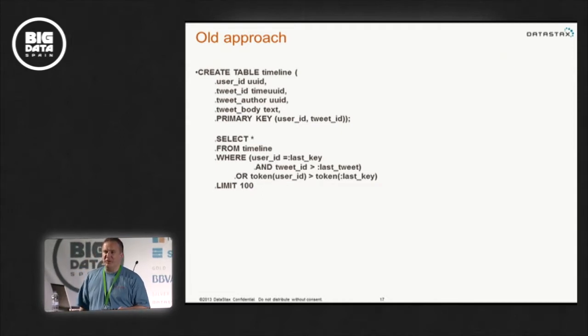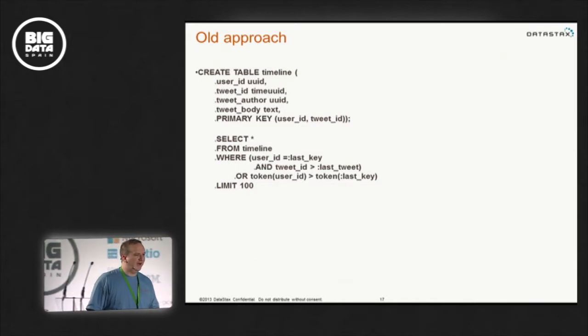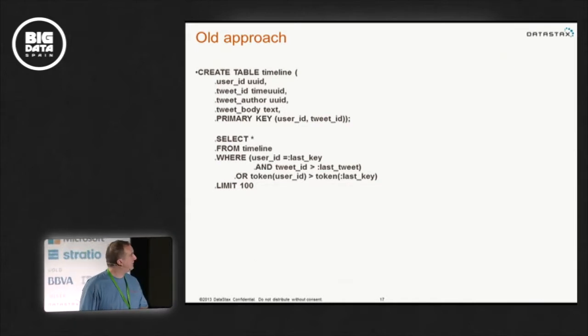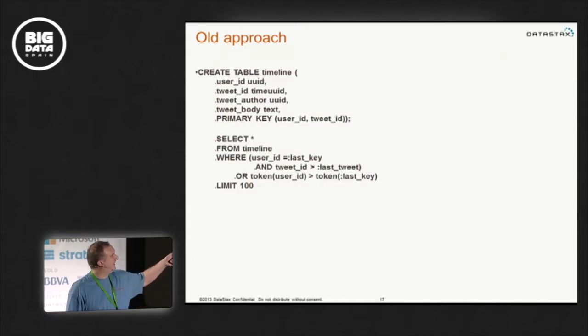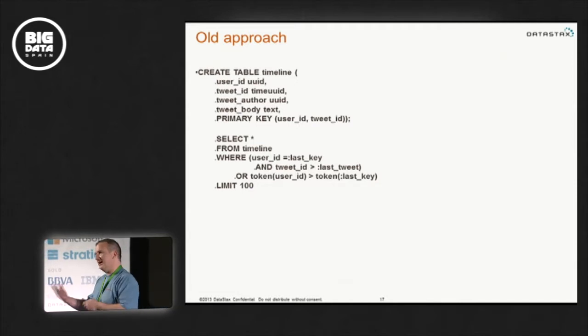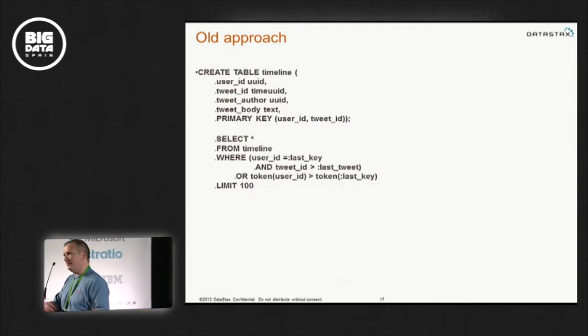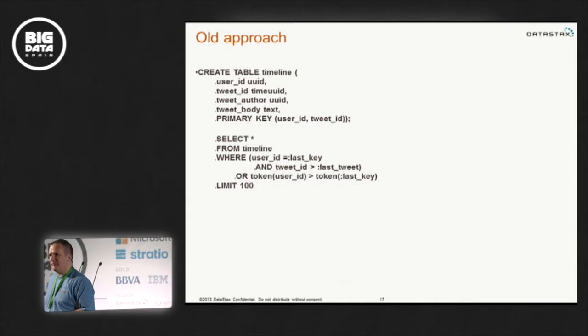Not least because my network guys are then going to scream down my ear about what the hell are you doing to my network. So currently you have to use this format in CQL where you do a last key and keep track of where you got up to, and then request the next 100 lines, and pull it across.